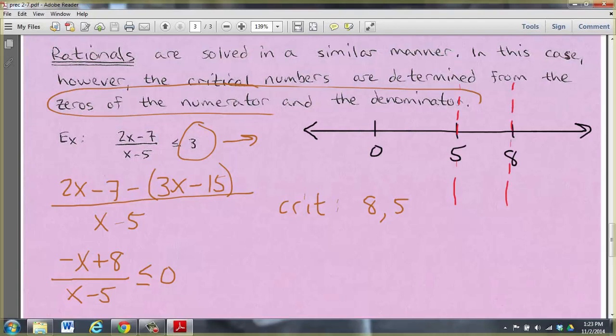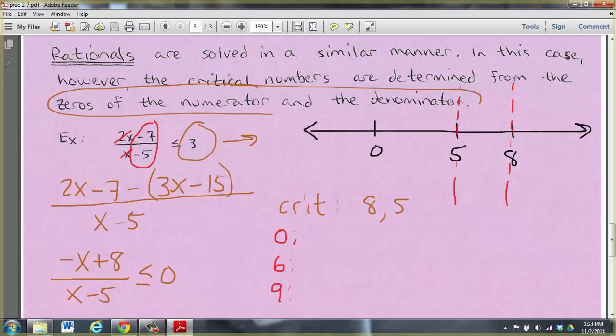Alright, so I'm going to test the first region. I'm going to use the easiest number, which is 0. Second region, I might as well use 6, and the last region I might as well use 9. Okay, when I plug 0 in, and again, it's probably easiest just to use the original equation, it cancels there and there.